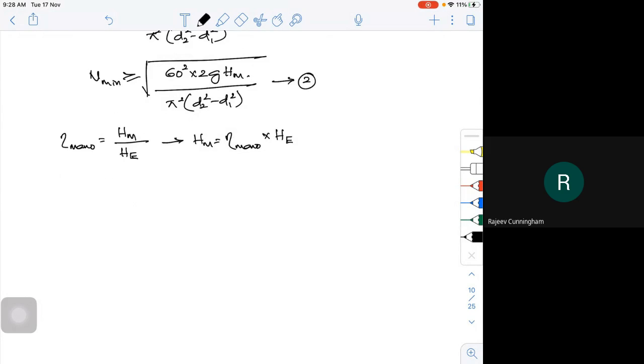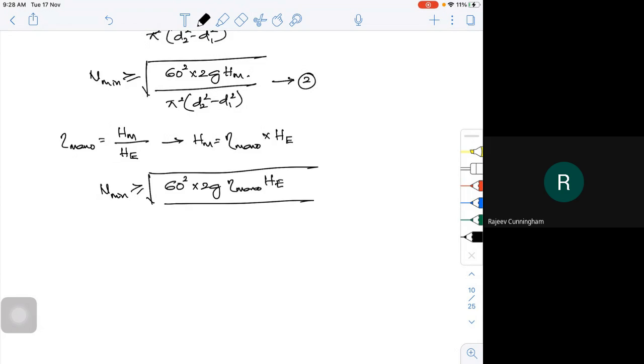So N minimum is greater than or equal to square root of 60 squared into 2 into g into manometric efficiency into H_E divided by pi squared into D2 squared minus D1 squared. Let me call this expression number 3. This is the minimum starting speed expression in terms of the Euler head.